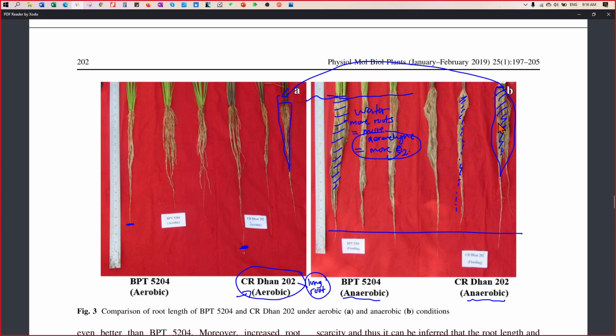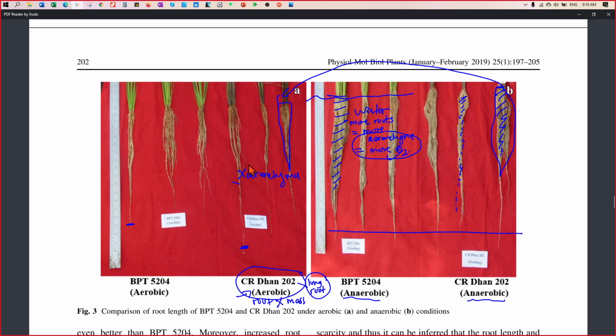So we can know that for aerobic condition, the root does not need to be massive. Why? No need for parenchyma, because it's not in a flooded, submerged condition.